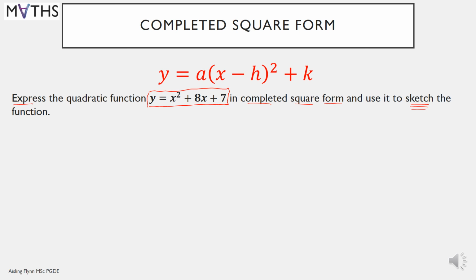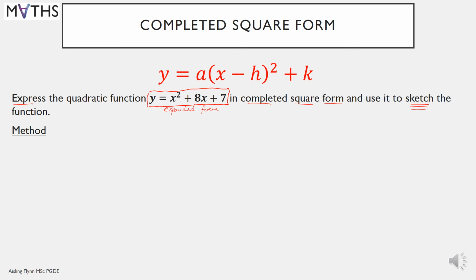Now sketch means that you don't need every single point along the curve, you just need the key points. So we'll see that. Alright, so how can we change this, what I refer to going forward as the expanded form? Expanded because everything is multiplied out and then simplified. How can we change that to the completed square form?